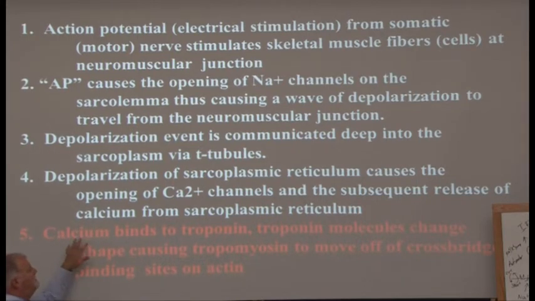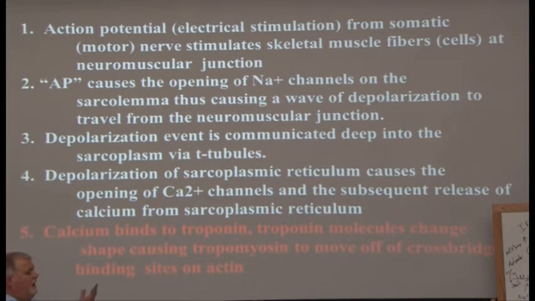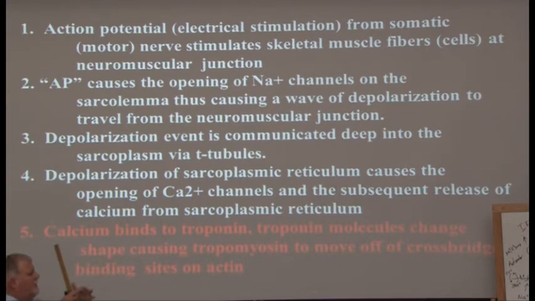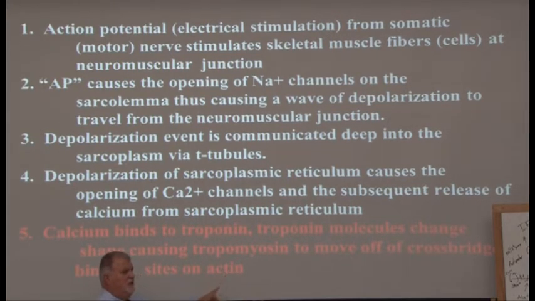So the released calcium becomes important because it's going to bind with this protein molecule called troponin. And then troponin and tropomyosin interact to create a complex. And what they typically do is they cover a critical site, which is called the cross-bridge binding site or the myosin binding site on our actin molecules.